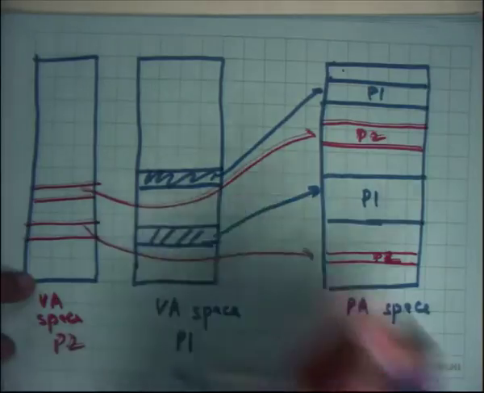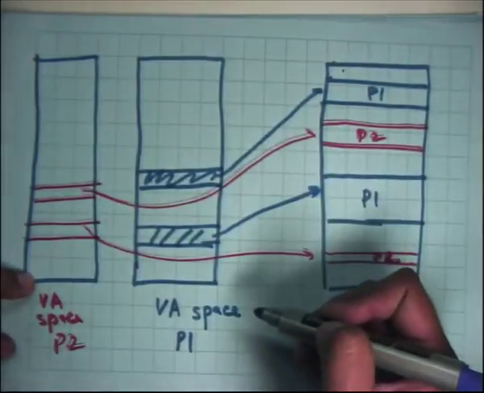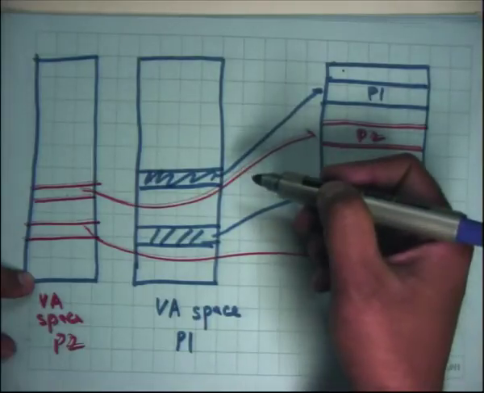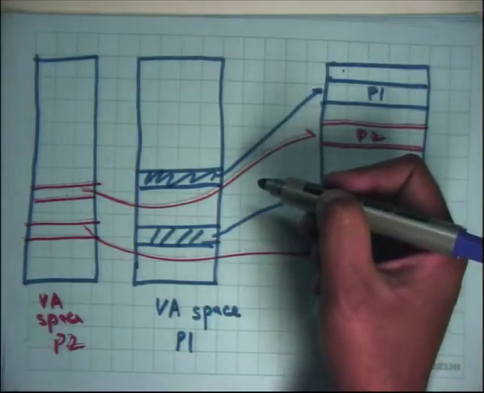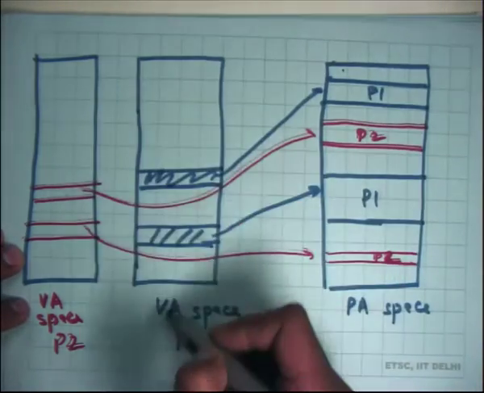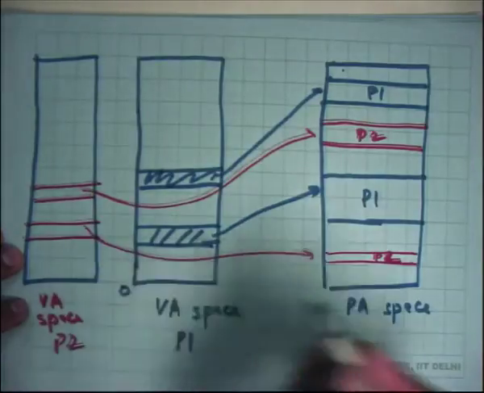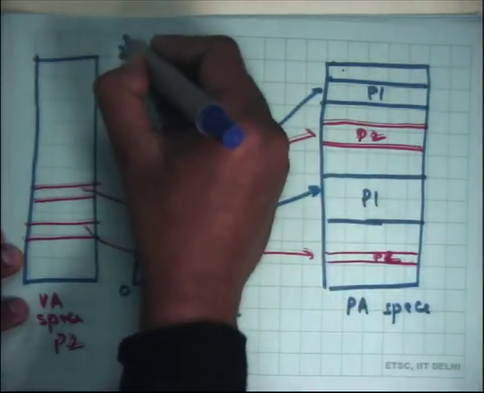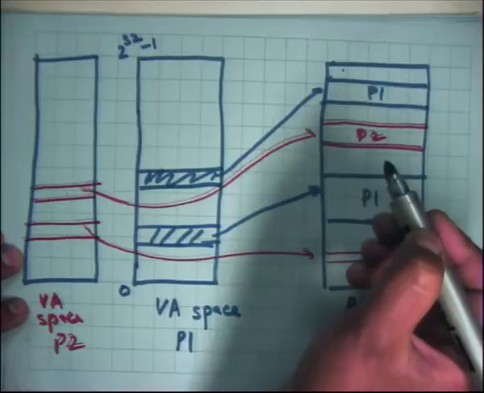Also, we discussed last time that the kernel always stays mapped in the virtual address space, and why it's so. Let's discuss it in a minute. But let's say how does it work? So how big is the VA space? It starts from 0 and it goes all the way to 2 to the power 32 minus 1, right, on a 32-bit machine.